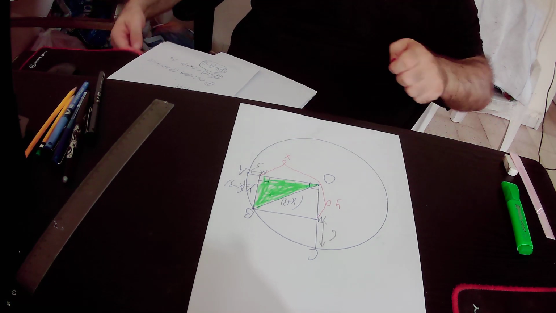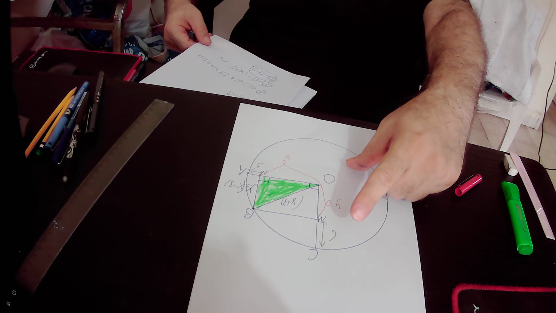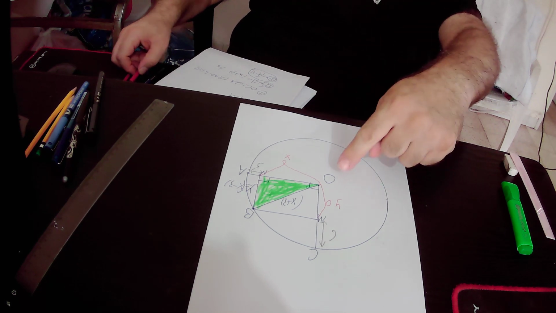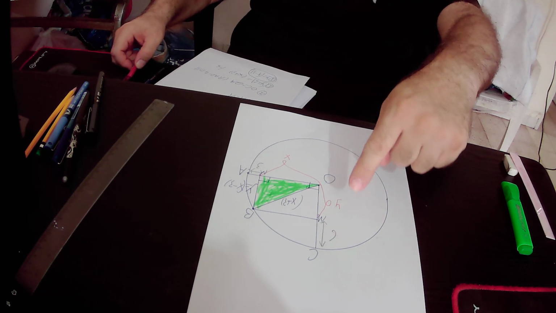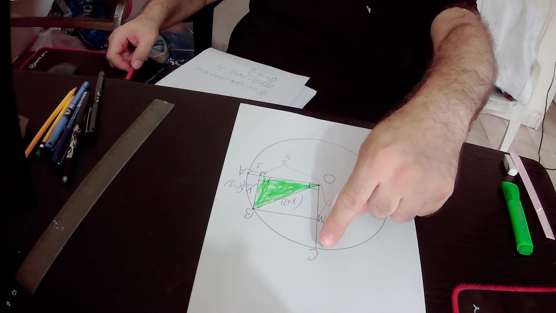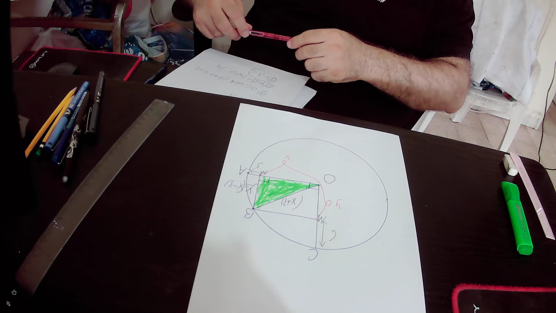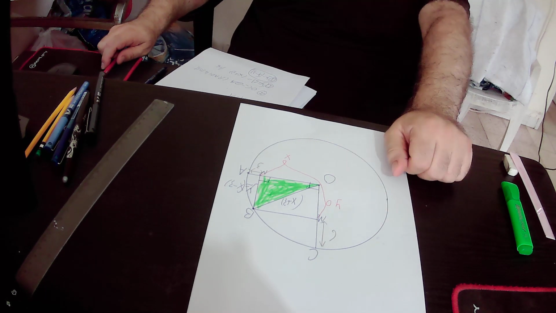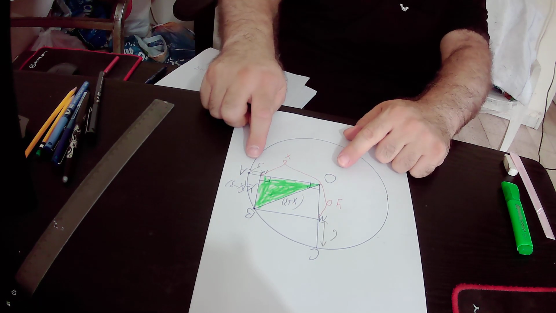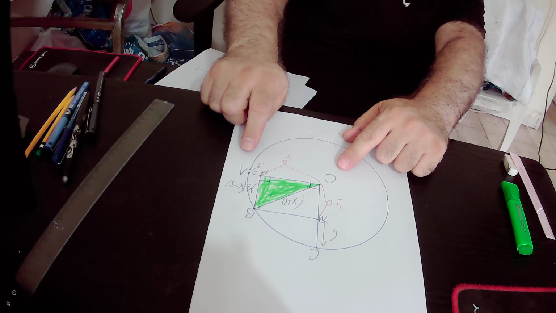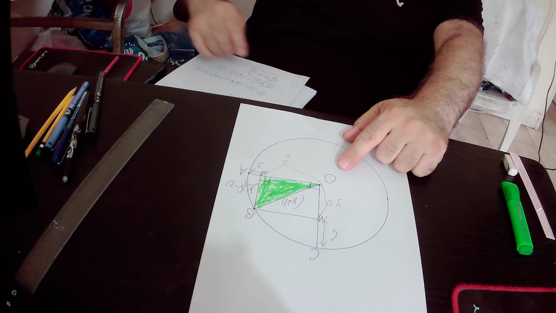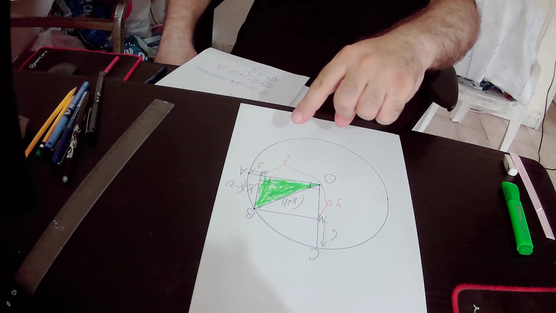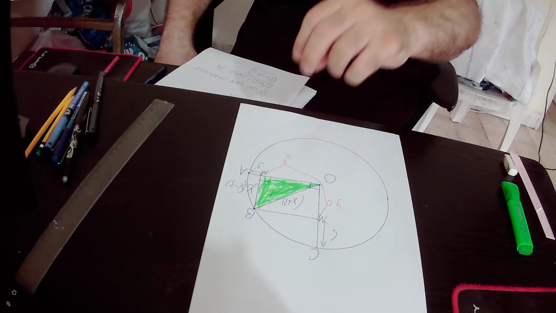We actually know that OC is the radius of this circle because line segment OC starts from point O, that is the center of the circle, and ends at point C, that is a point on the circle itself. For that reason, OC is the radius of this circle. But OA is also the radius of this circle because it starts from the center of the circle, that is to say from point O, and line segment OA ends at point A, that is a point of the circle itself.